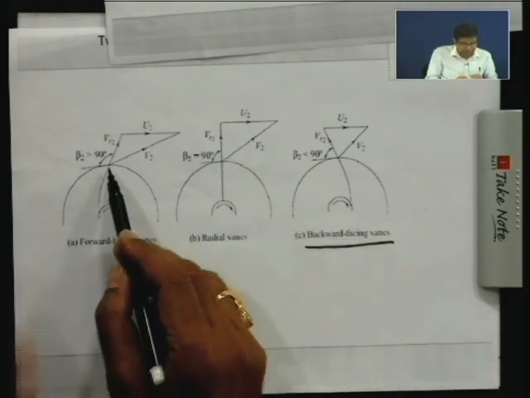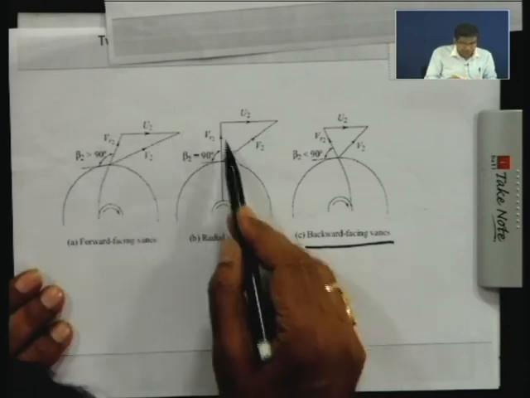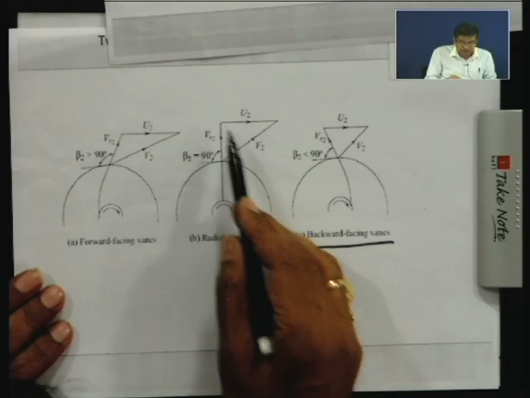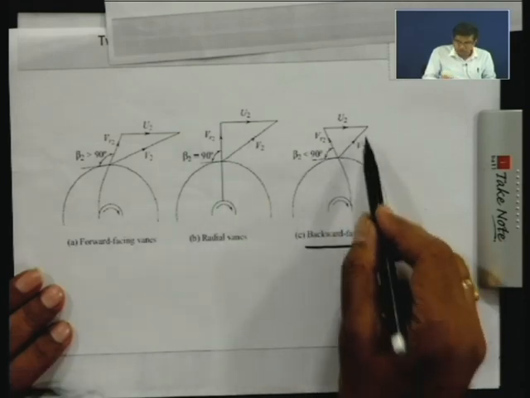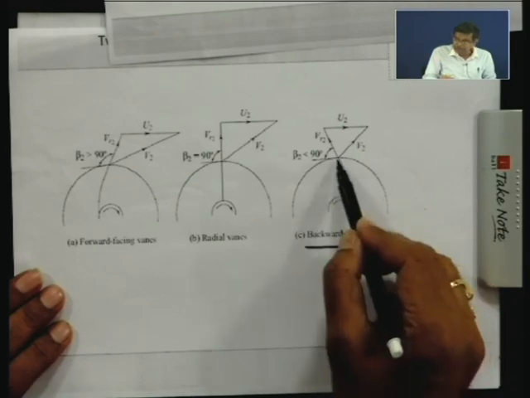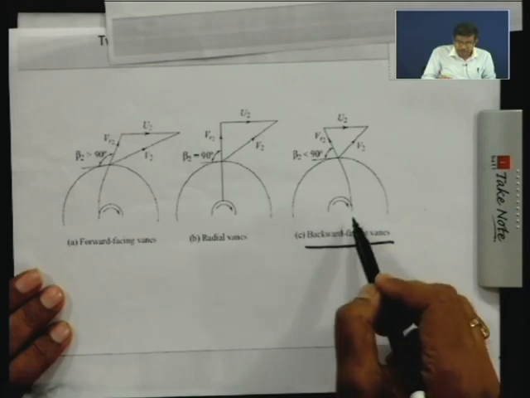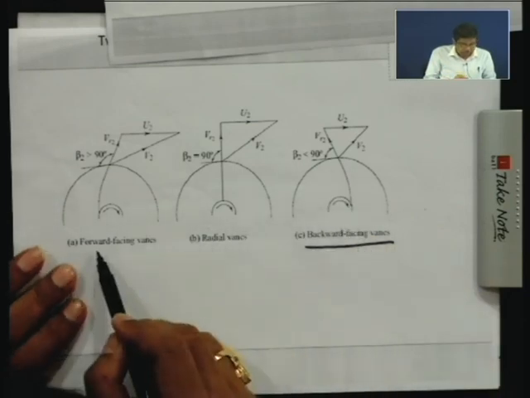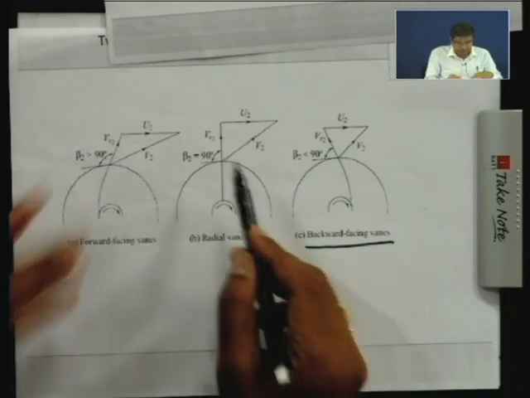In all the cases, if you draw the velocity triangle, you see the velocity triangles as such. These velocity triangles we have dealt with so far considering a backward curved vane, where curvature is in the opposite direction of rotation. But if you consider a forward curved vane, this beta 2 is obtuse, greater than 90 degrees, and here it is 90 degrees.